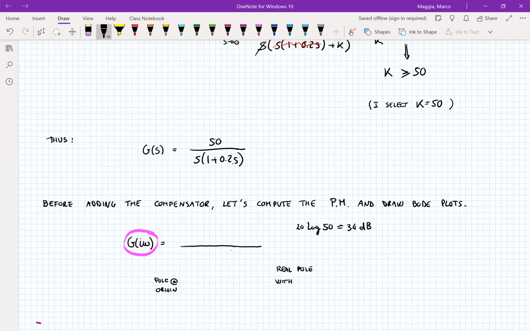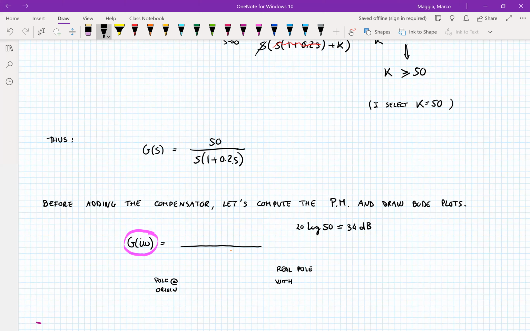So we only have one requirement to meet, and that is the phase margin has to be greater than 48 degrees. As usual, before designing anything, let's see if the uncompensated system actually already meets the requirements. Because if it does, it doesn't make any sense to design a further compensator.